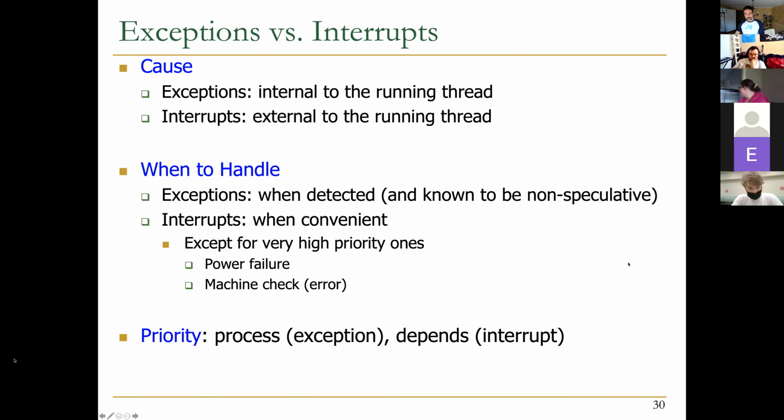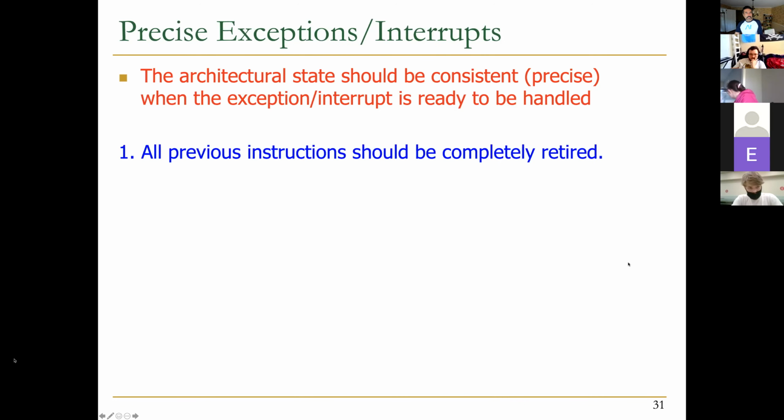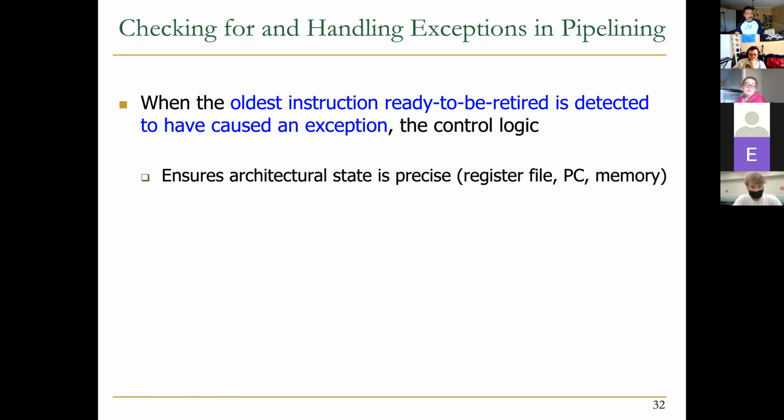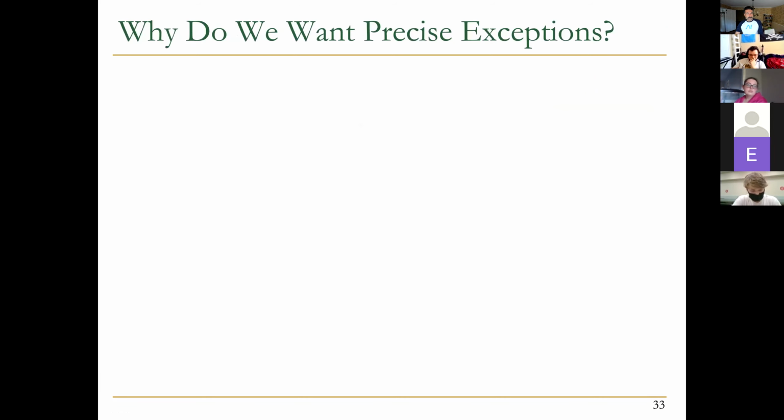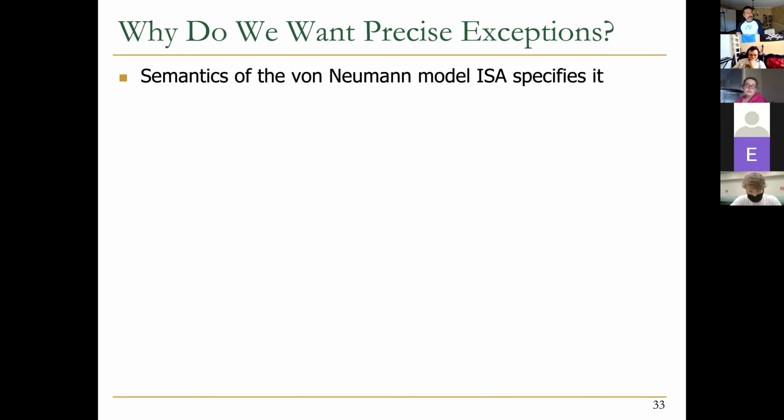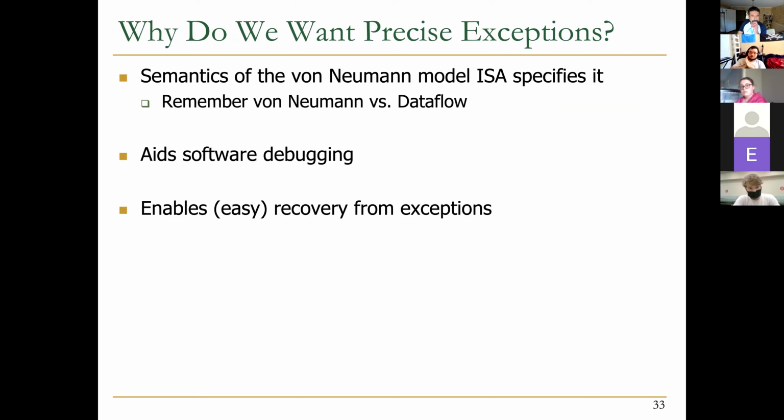Let's forget about this. I don't want to go into this detail, but I want you to understand why we want to have this property: to help software debugging, to help debugging of the program.